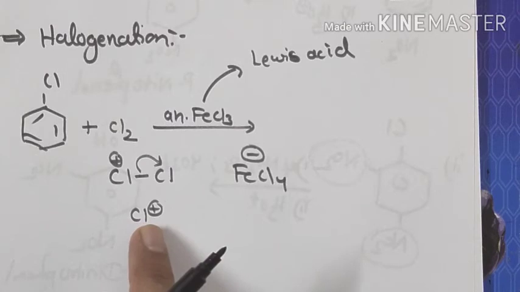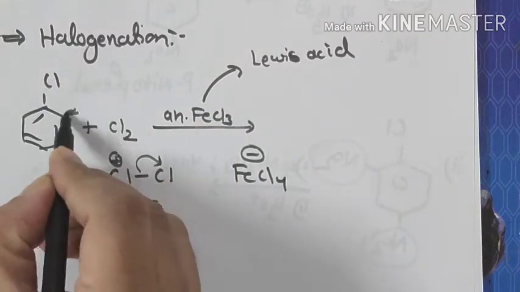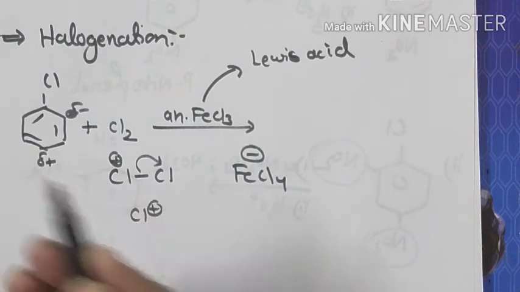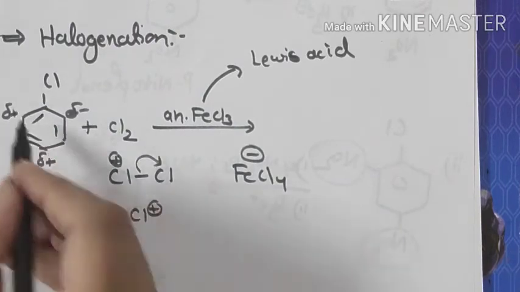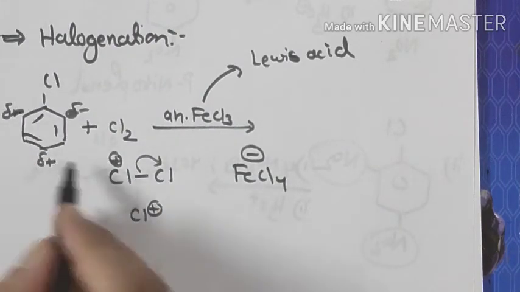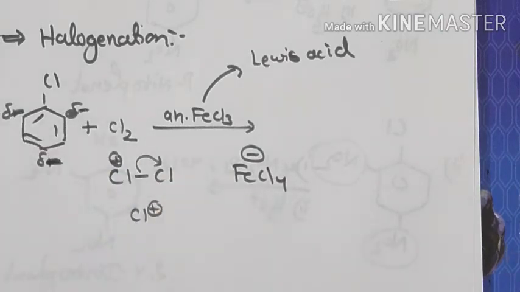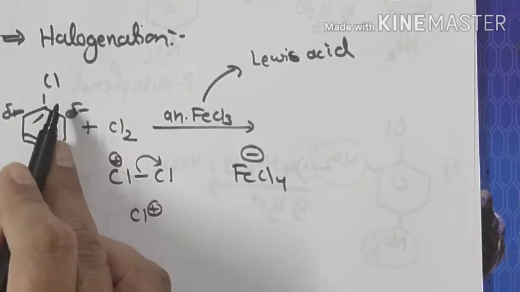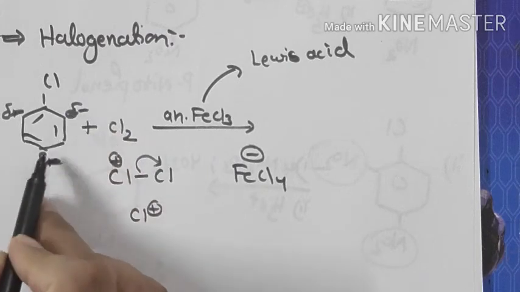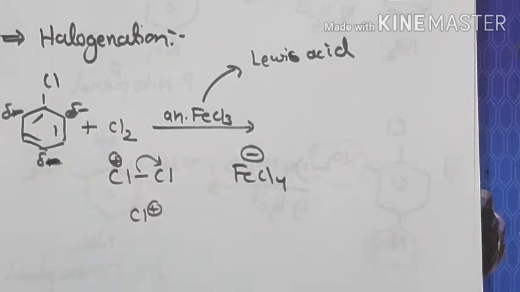Now the electrophile is going to attack the electron rich center, and we studied last lecture that the ortho and para positions are partially negative. So this positive chlorine is going to attack either the ortho position or the para position or both.